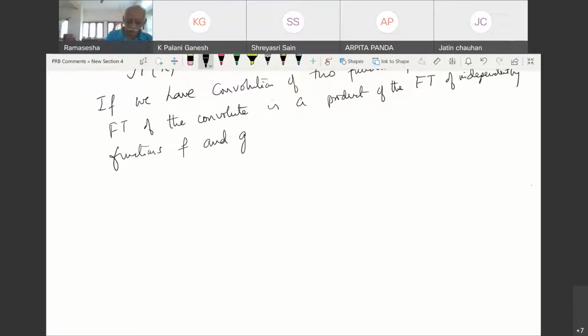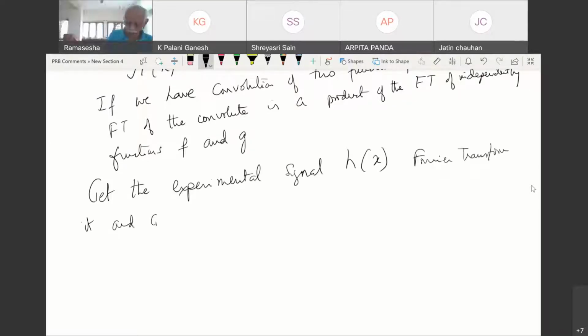So the same protocol is this. Get the h of x, Fourier transform it, and get h of k.